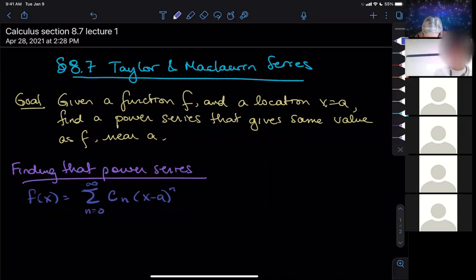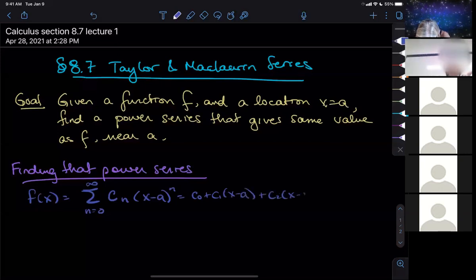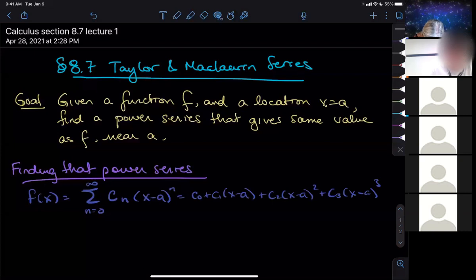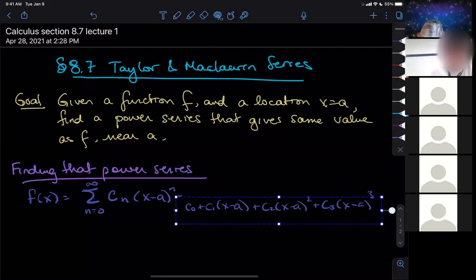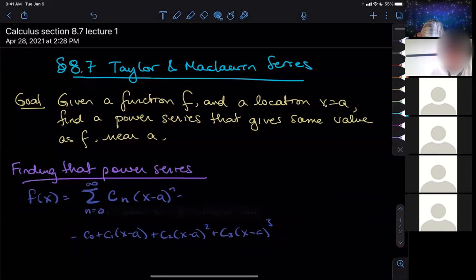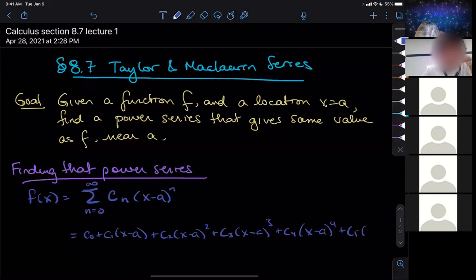And if you don't like it that way, we can also represent it as C0 plus C1 times x minus a plus C2 times x minus a squared plus C3 times x minus a cubed, plus C4 times x minus a to the fourth plus C5 times x minus a to the fifth, and so on and so on.